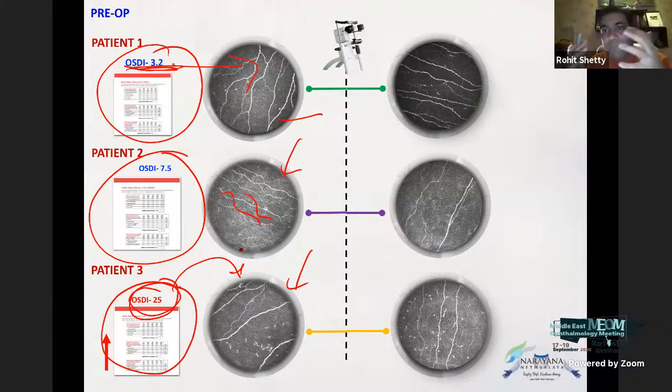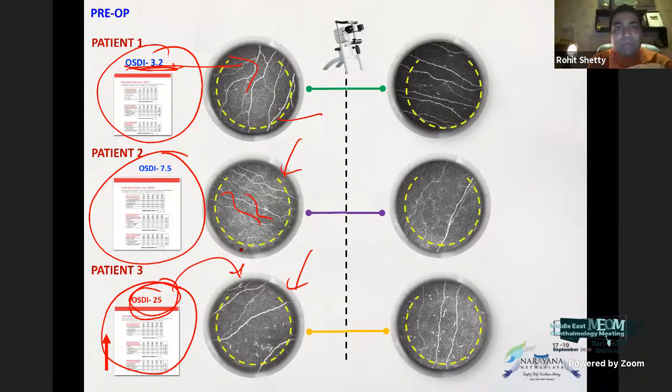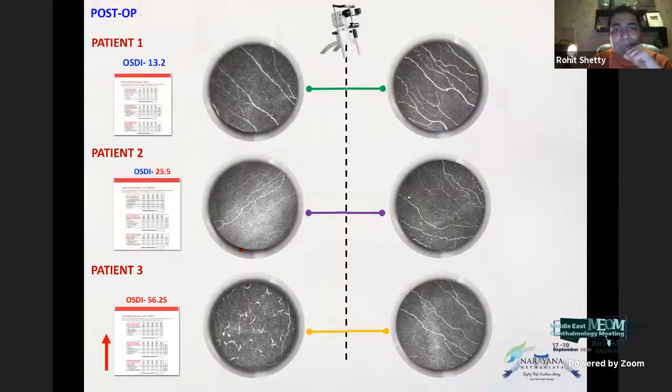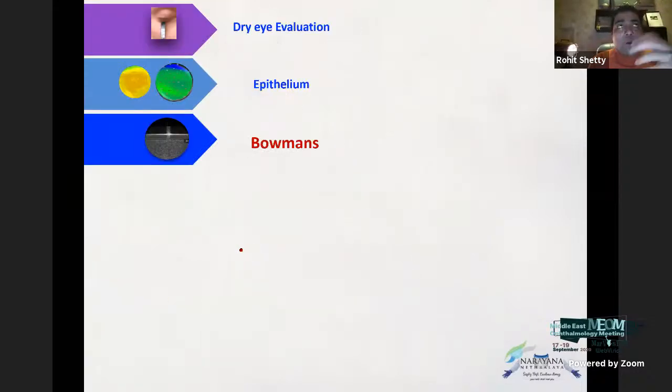So it's a poor man's confocal microscopy. So that means your ocular surface disease score is a poor man's thing because with just spending nothing, you're able to get insight into the corneal nerves. And this is something which we published a few years back. So what we are trying to say is it is very important to understand how the nerves behave.